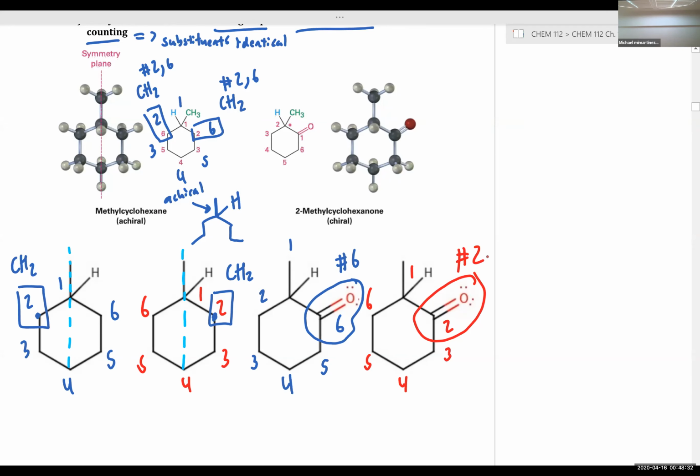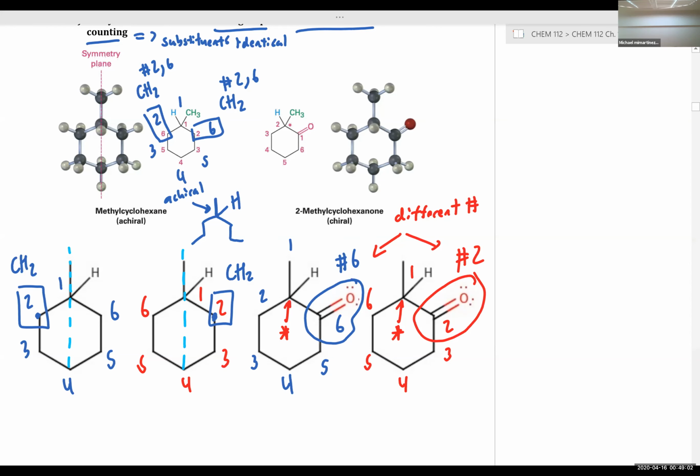Because we have different numbers, they are different substituents. So if you see different numbers in both of your counting methods, that tells you that this center is chiral, because the substituents on the left and right-hand side of the ring are different.